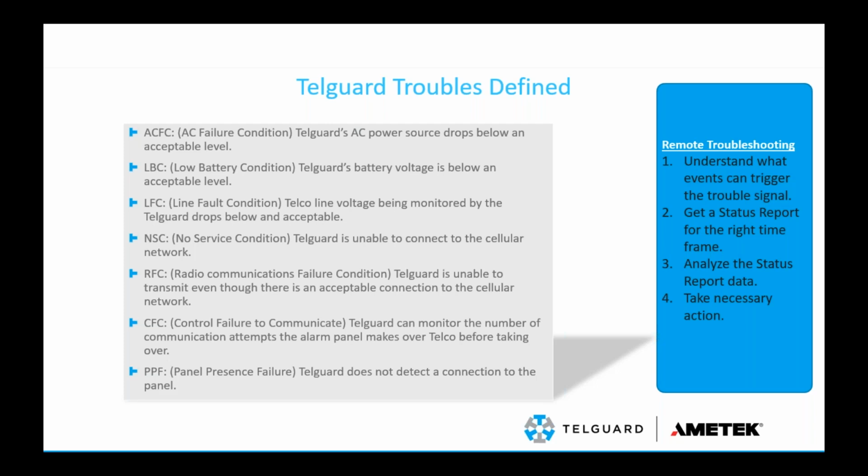So we actually monitor the number of attempts for one signal that go through the phone line. If we're not able to get it to successfully send through after the default 5 attempts, it will go into a CFC. And then panel presence failure. So this is where the Telguard does not detect a connection to the panel.